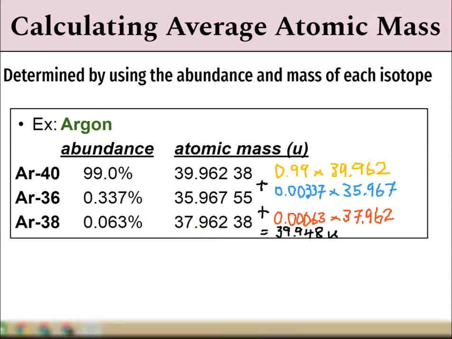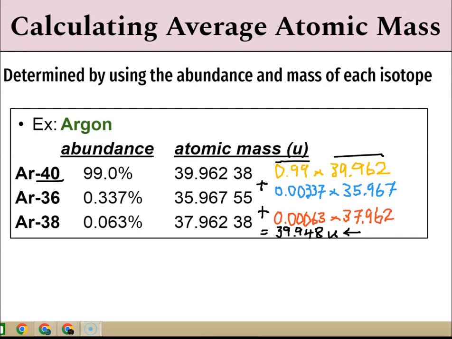If we look at it on screen here, we change the first one, 99%, into 0.99. We multiply by the atomic mass, and then we do that for the three scenarios, and we end up with a figure here of 39.948.